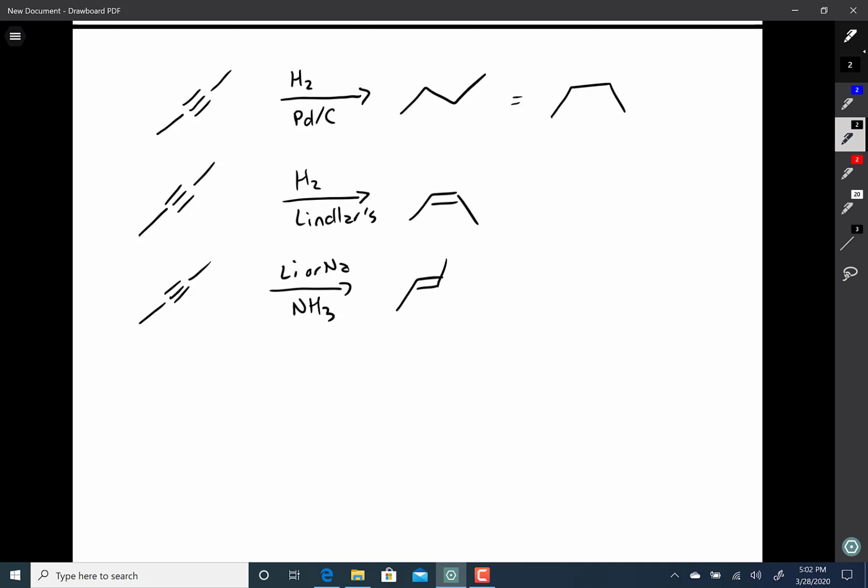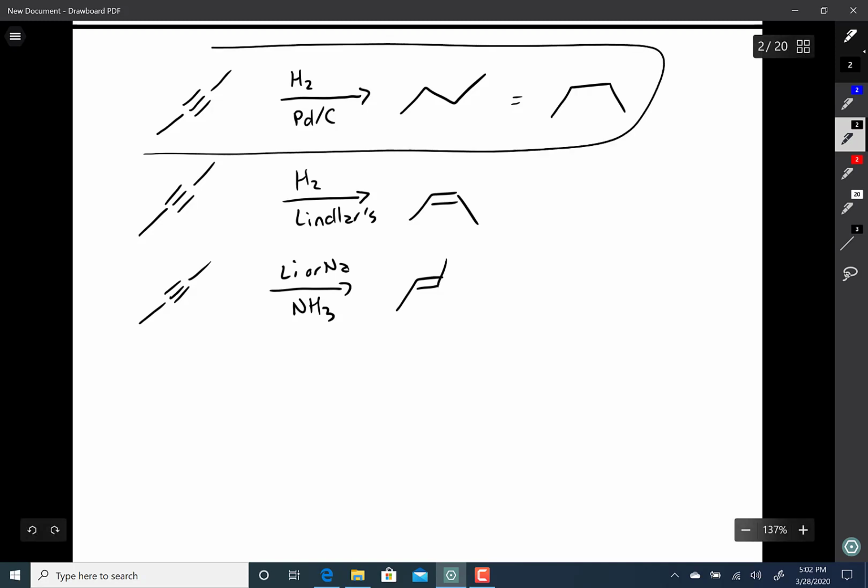So I want to talk first a little bit about this reaction right here with regards to synthesis. When you're working backwards, it looks like that's a reaction that you can always apply. So, for example, see a molecule like this.